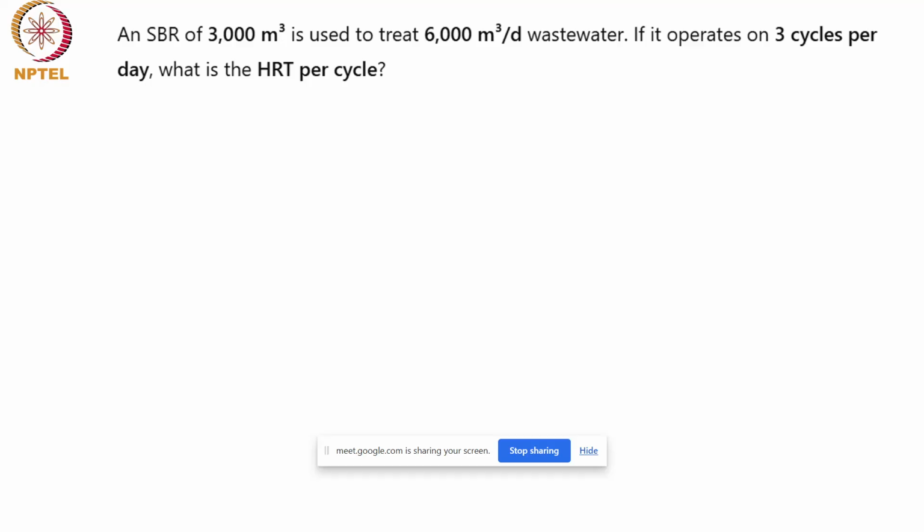You keep it aside. And then in a day there are 3 cycles only, and totally it operates for 12 hours. So one cycle should be operating for 12 by 3, which is nothing but 4 hours. Okay, is it clear?